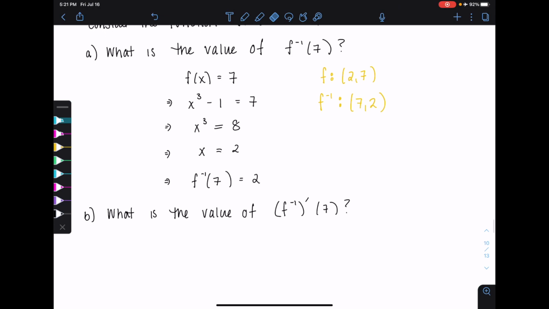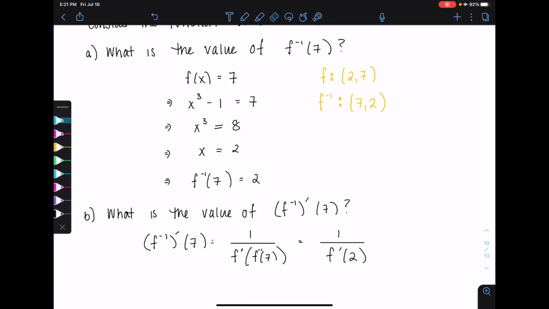And now I can utilize that to figure out what is the derivative of the inverse function when my input is 7. Again, following that same process, we're going to take 1, divide it by the derivative of our original function, and plug in the output of my inverse function at 7. So really, I'm going to take the reciprocal of what happens when 2 is my input into my derivative.